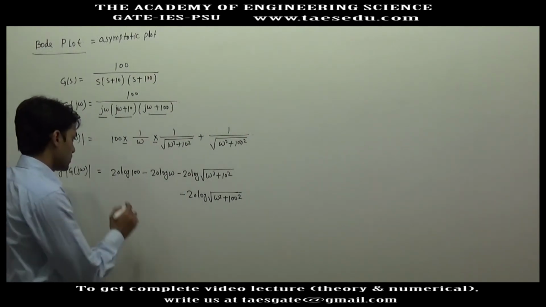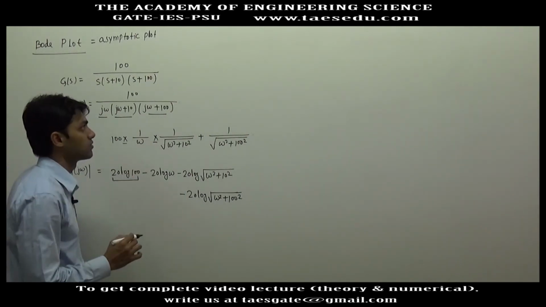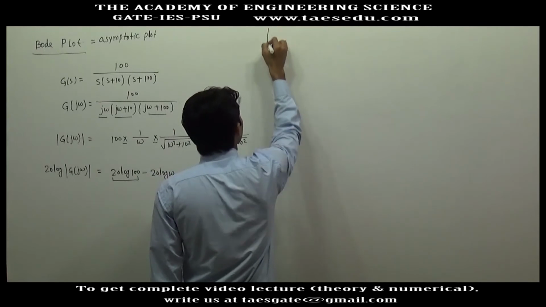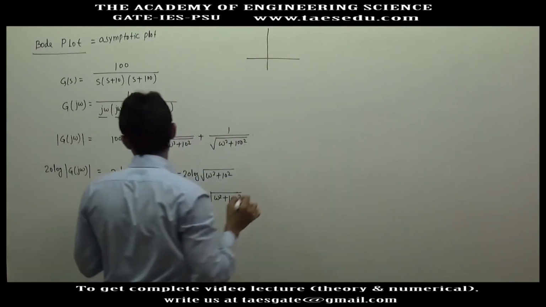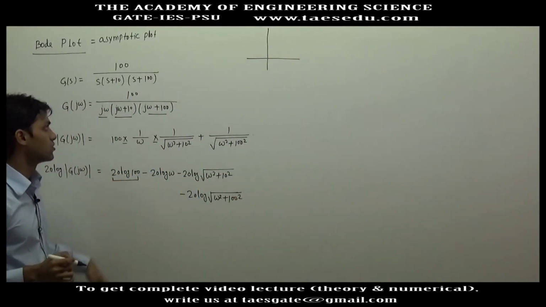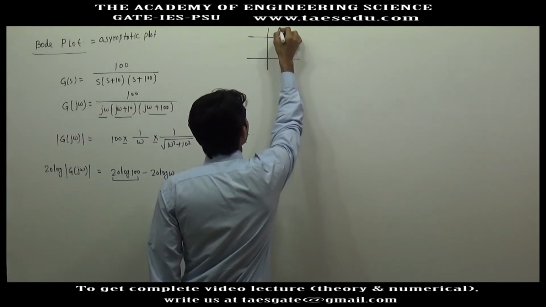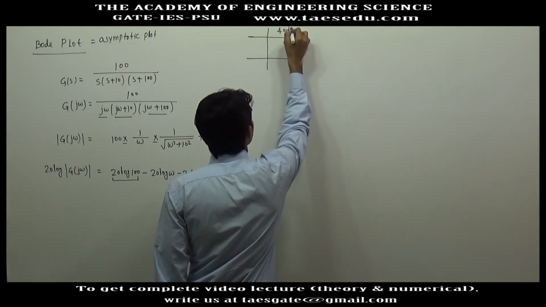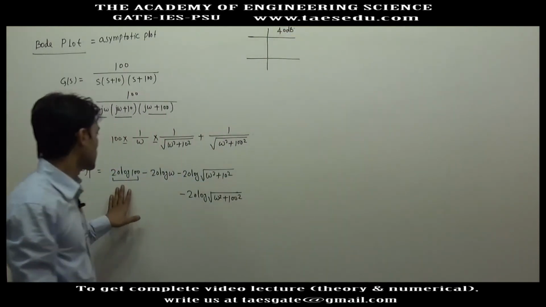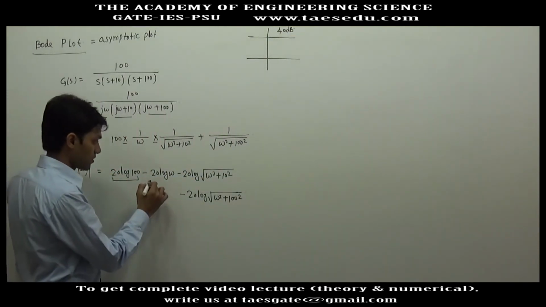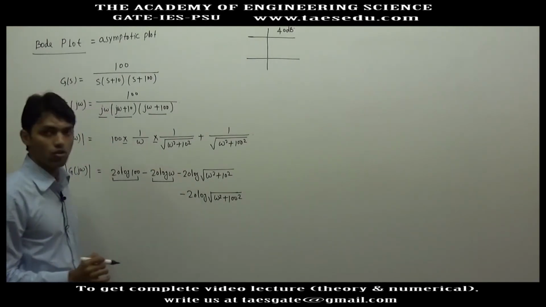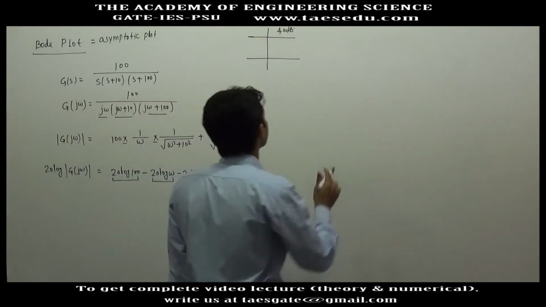So what will 20 log 100 give you? Log 100 gives 2, so 20 into 2 gives a constant of 40 dB. We don't need any approximation here. We have already seen 20 log omega versus log omega.